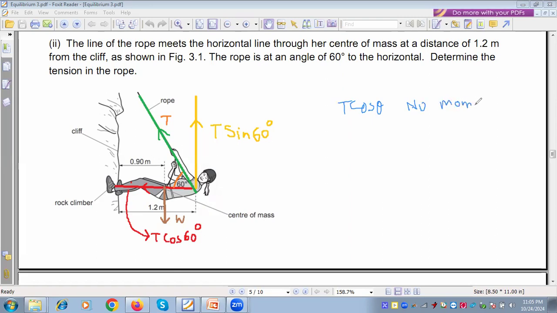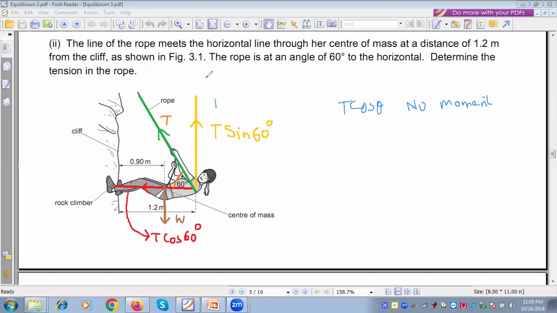Which component of the tension force will we take? T sine theta. Theta is 60. So T sine 60 and its distance is 1.2.